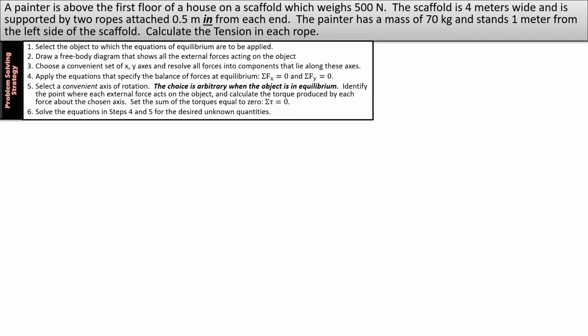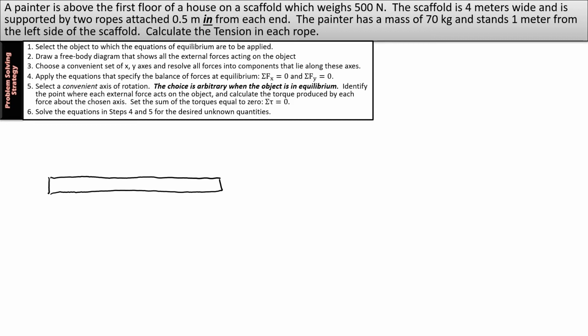So the first step is to select the object that we're analyzing, and I'm going to analyze the scaffold itself. Then step 2 is draw a free body diagram. So the free body diagram is going to look like this. Here's our scaffold. All right, then they tell you a lot of different information here. So let's go in order.